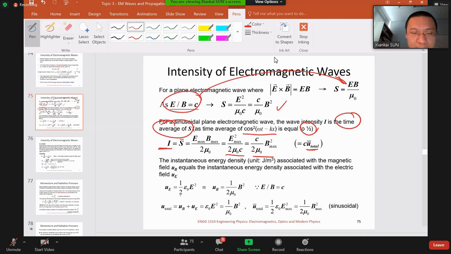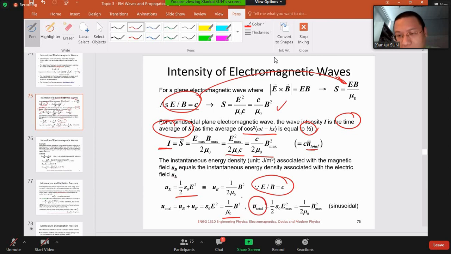So U_E is half of epsilon naught E square, and U_B is B square over 2 mu naught. Because of this relationship, E over B equal to C, which comes back again and again, you can express U total as epsilon naught E square or B square over mu naught.